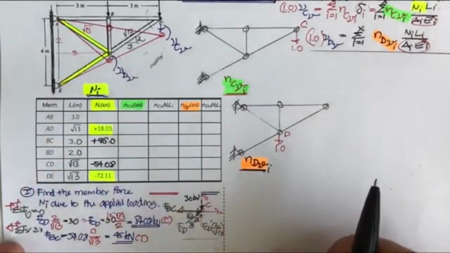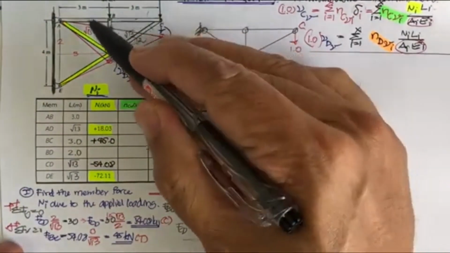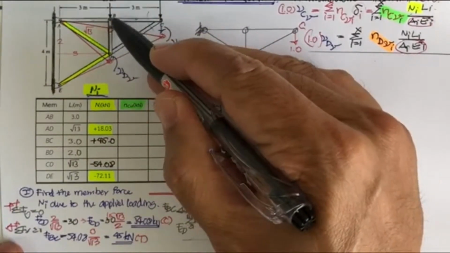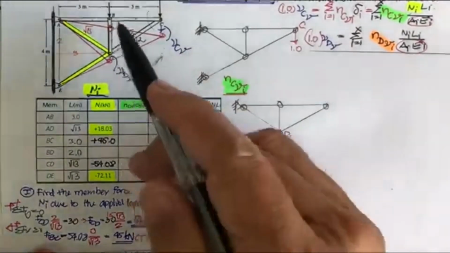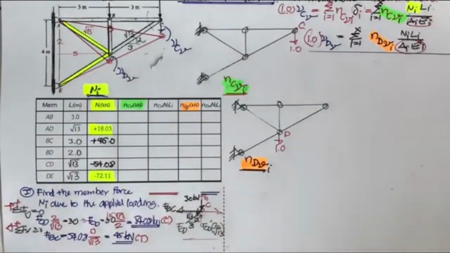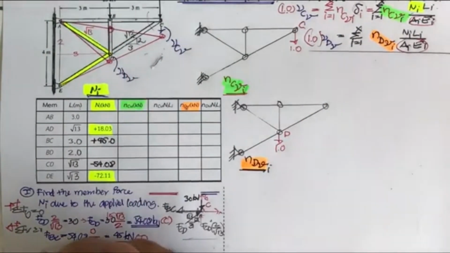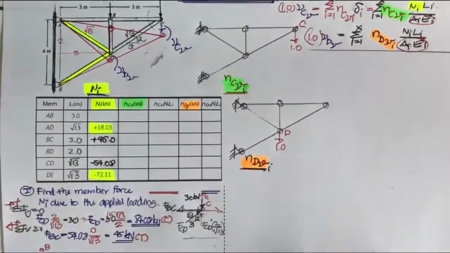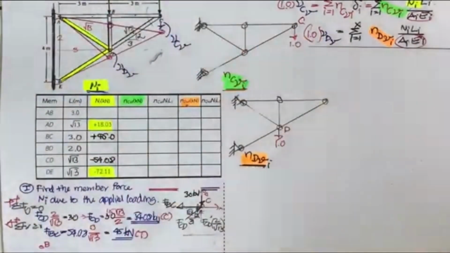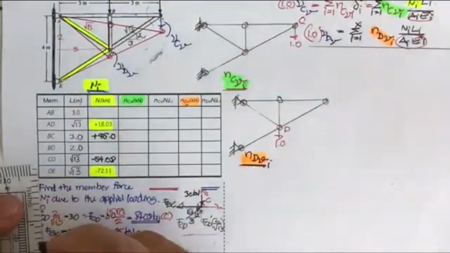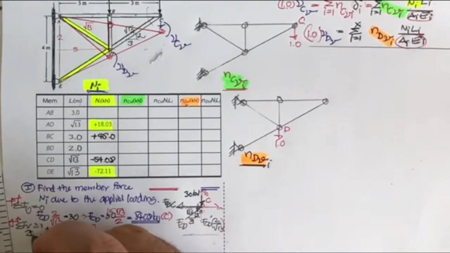Okay, now we have these two already. Then we have another point to consider, joint B. If we consider joint B here, this is going to be joint B. Joint B is subjected to a 20 kilonewton force. Just put this into joint B, 20 kilonewton.